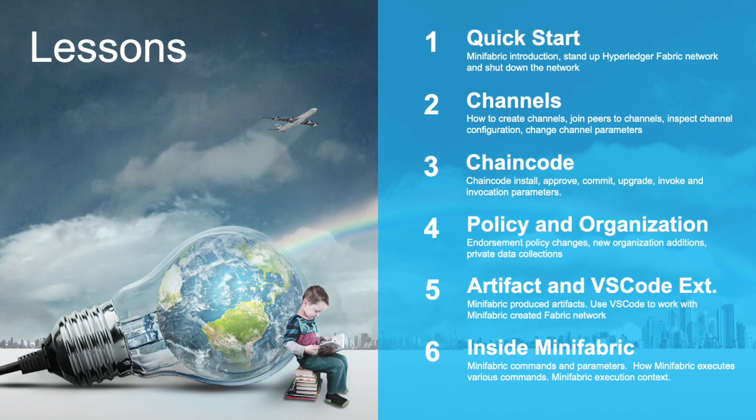Then we will move on to the artifacts that Minifabric creates to help you work with other tools such as Fabric SDKs and the Visual Studio Code extension. In the last part, we will look at the magic of Minifabric and reveal how it works and how you can use it to learn Hyperledger Fabric and perform fabric operations very easily.